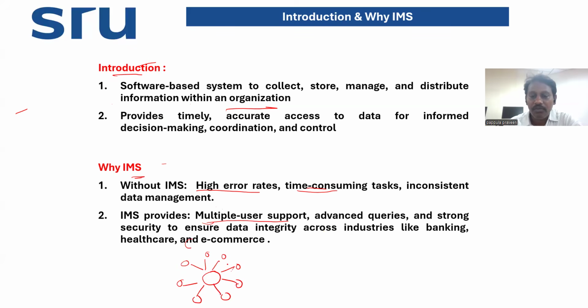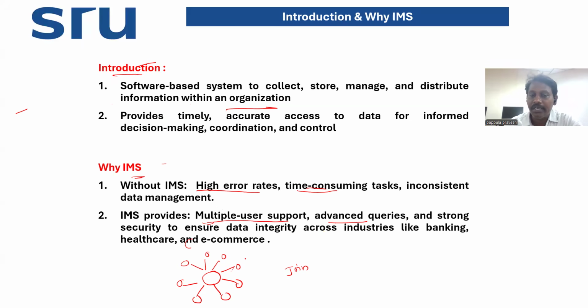And we have advanced queries, like joins. We have to join 2 or 3 tables, and we provide strong security to ensure data integrity across industries like banking, healthcare, and e-commerce.